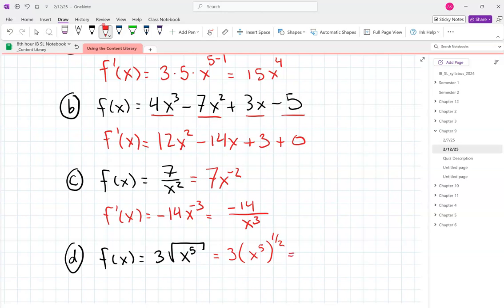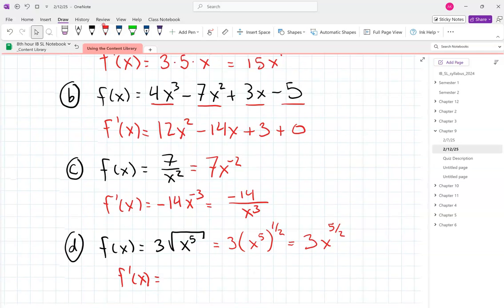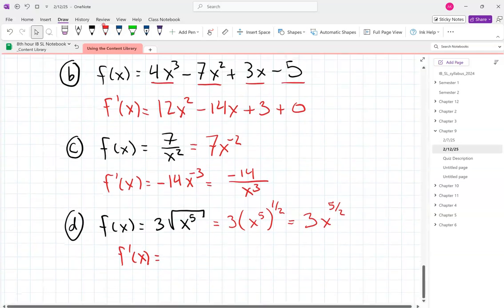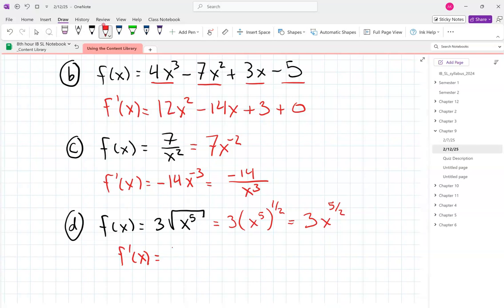And the exponent of an exponent we multiply. And now we're ready to take the derivative. So what is the derivative of 3x to the 5 halves? 15 over 2 x to the 3 over 2. So again, you all get how that works.